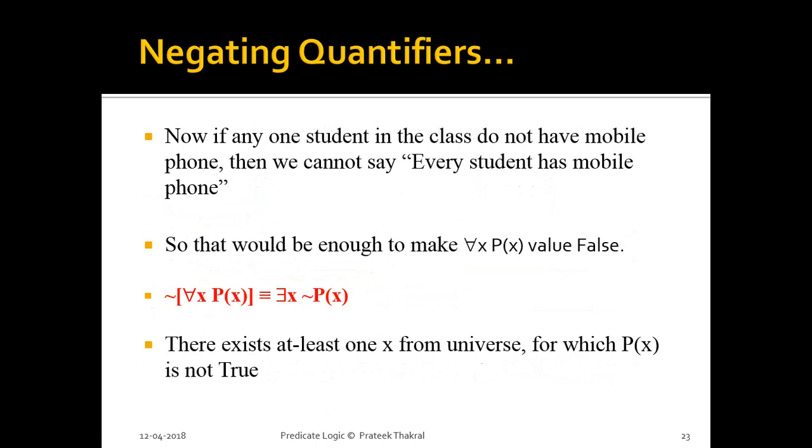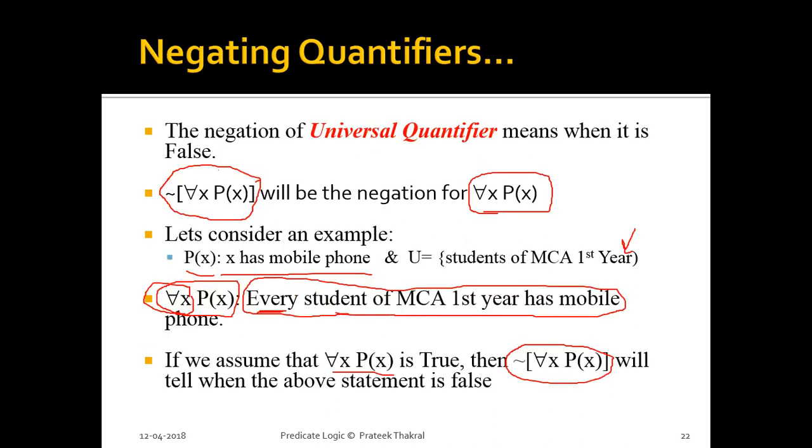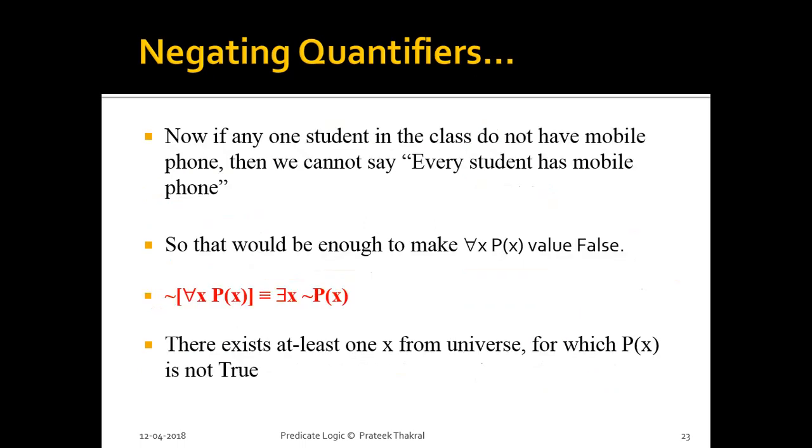If any student in the class does not have a mobile phone. We are saying every student of MCA first year has a mobile phone. Suppose there are 40 students in the class, and all 40 must have a mobile phone for this statement to be true. To make it false, even if a single student does not have a mobile phone, that means 39 students have one and 1 student does not, then we cannot say that every student has a mobile phone.